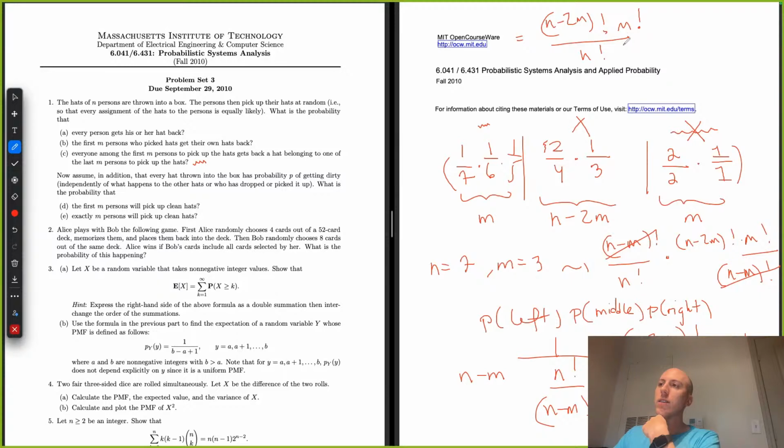That seems wrong, that the n factorial would be on the bottom. 1 divided by this is equal to this thing flipped. Oh wait, what were we doing? Oh yeah, I think this should have been 1 over this thing, because we should be multiplying probabilities.